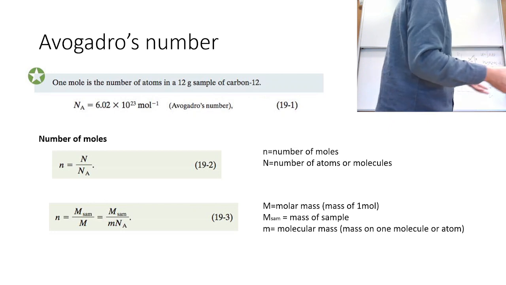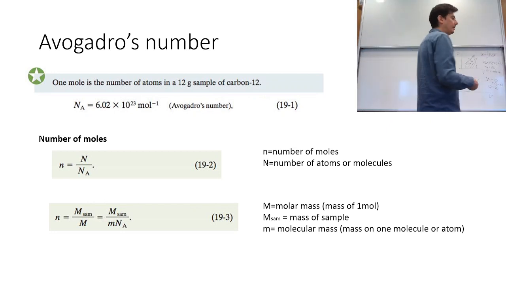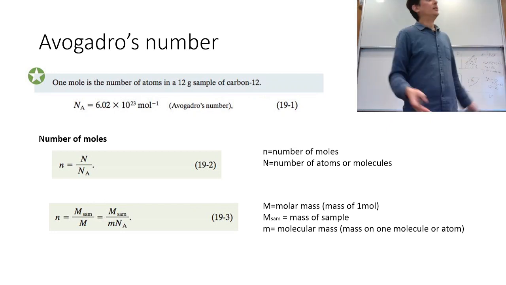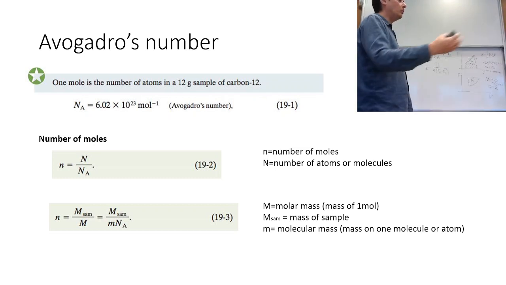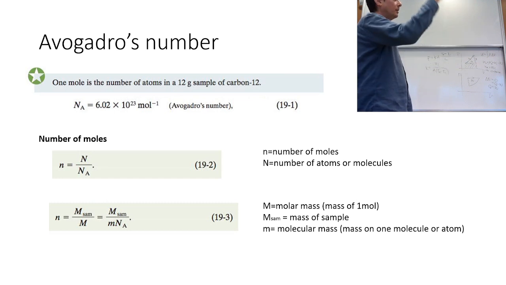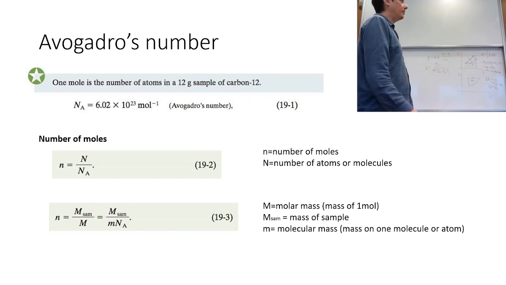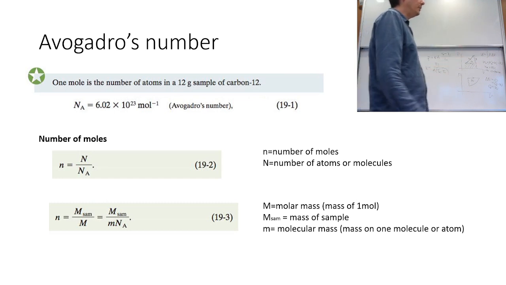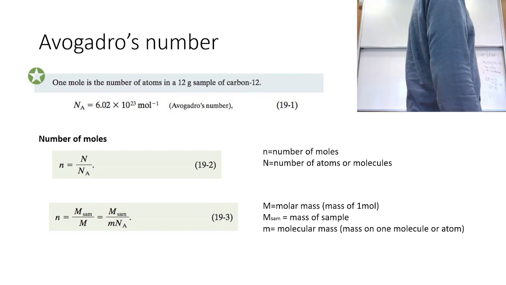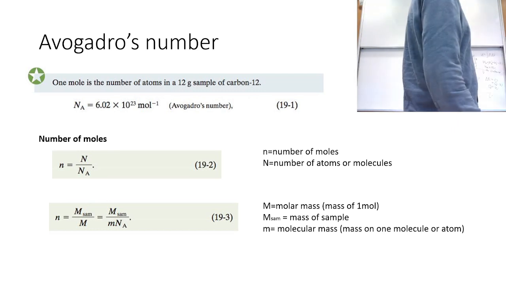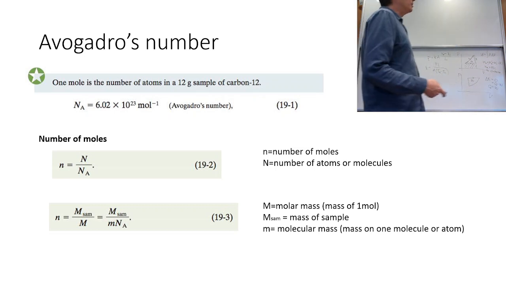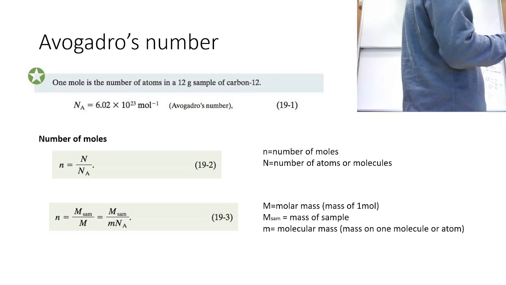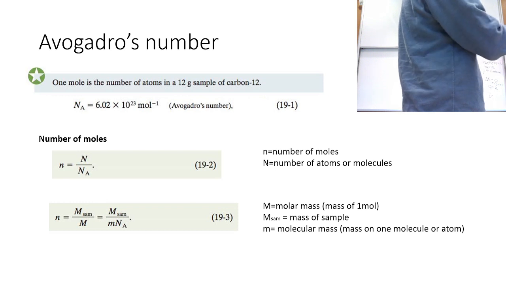Humans are gigantic in comparison to atoms, so anything that we deal with in daily life involves huge numbers of atoms. So Avogadro's number is just a convenient unit for giants such as us.